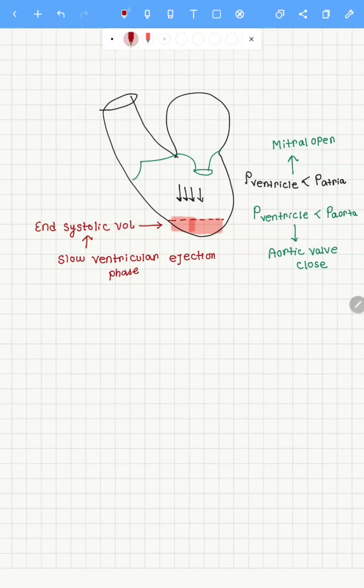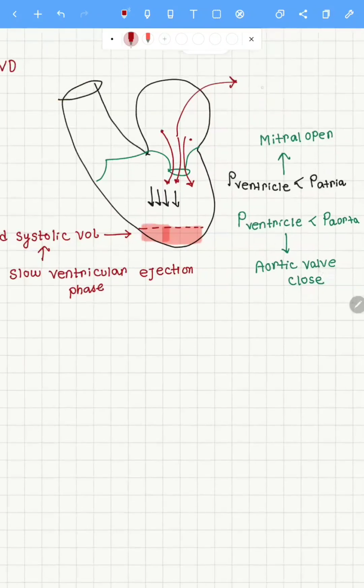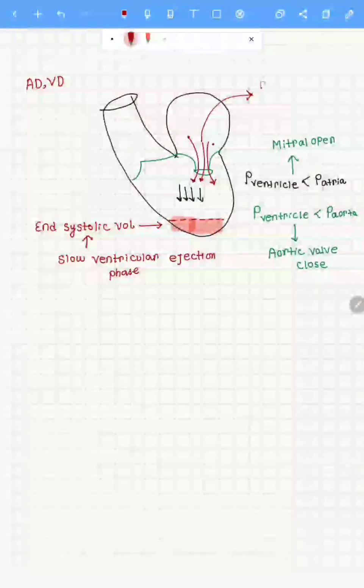Now blood from the atria will come to the ventricle, but it is not contracting. Atria is not contracting. Atria is relaxing. Ventricle is also relaxing. So it will be atrial diastole and ventricular diastole. As atria is not contracting, this filling will be passive. So this is called rapid passive ventricular filling.